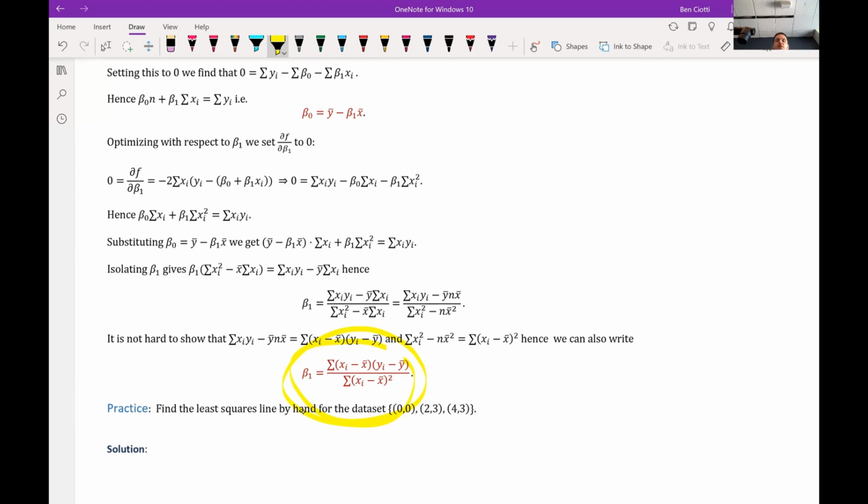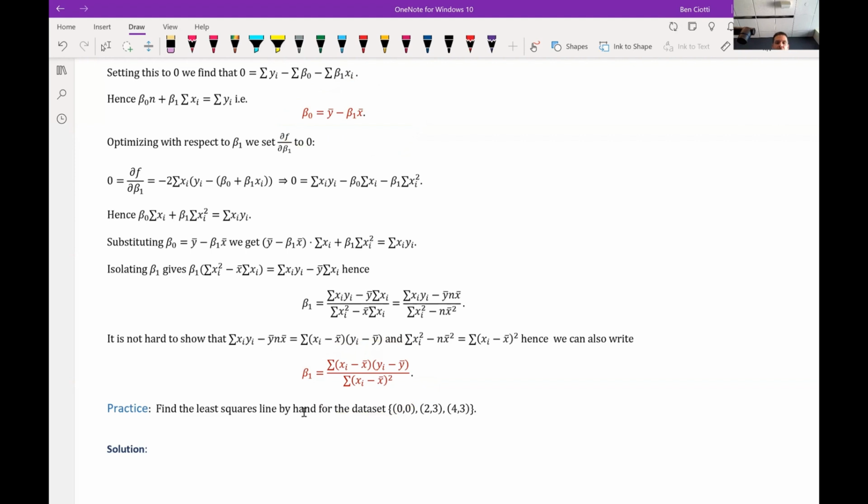Once you've found beta 1, you can plug it into this equation to get beta 0. So those are the two equations that we will use to get our coefficients. There's other ways to express them, but these are the most useful and the simplest ways to express them. You usually want to compute beta 1 first, and then plug that into the expression for beta 0, right? Because the beta 0 expression has beta 1 in it.